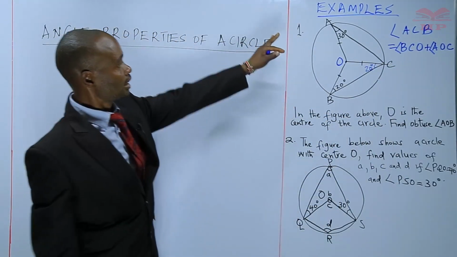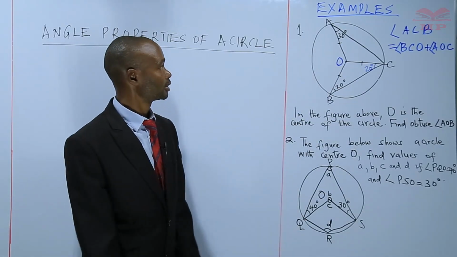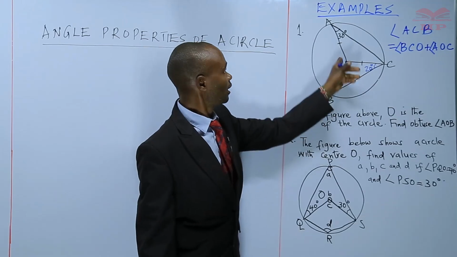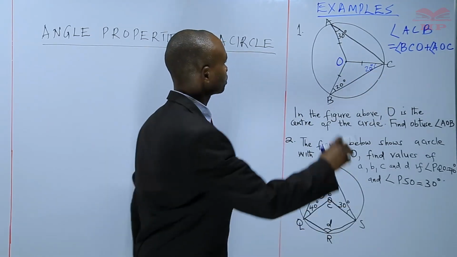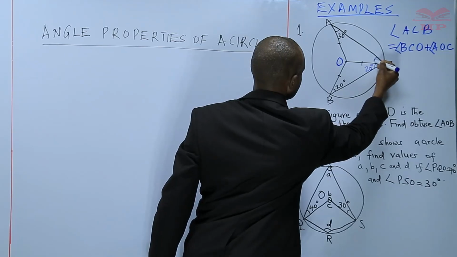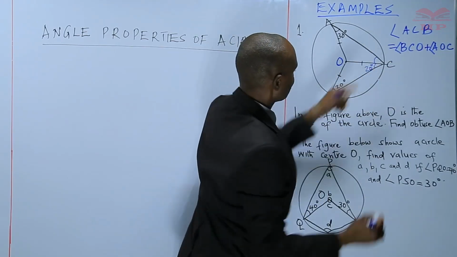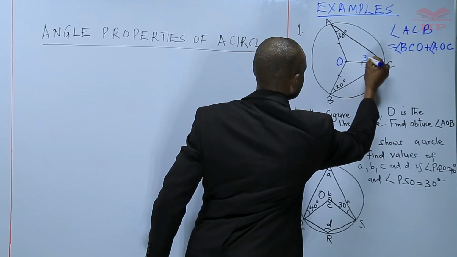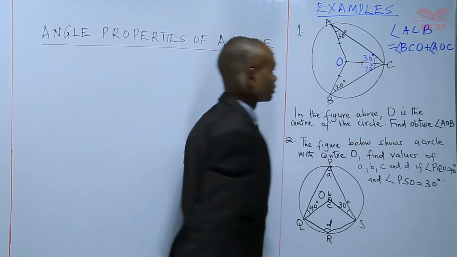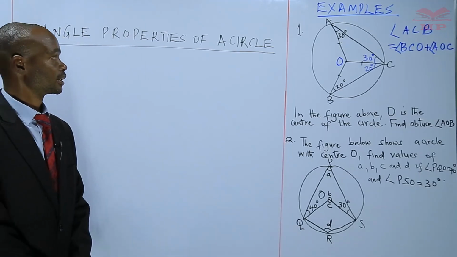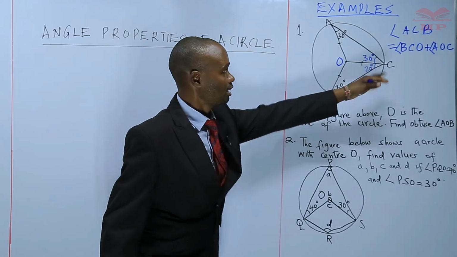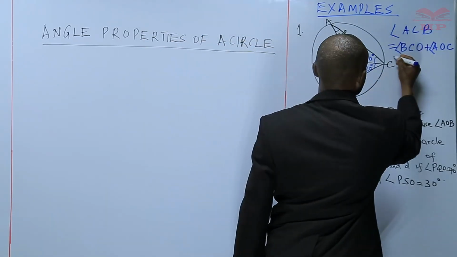And if you look at the other isosceles triangle, the value of OAC will be equal to the value of ACO. So it goes without saying that this angle here is 30 degrees.